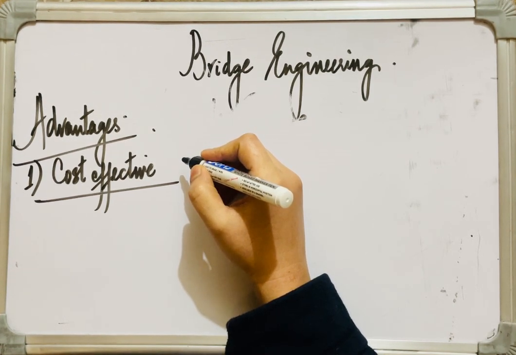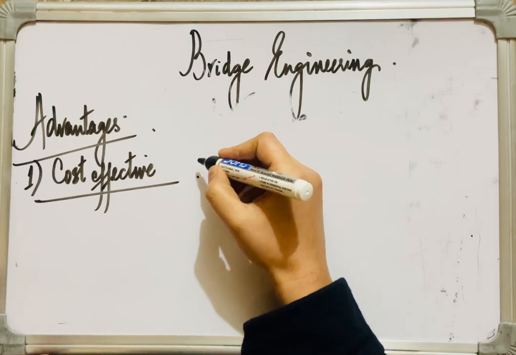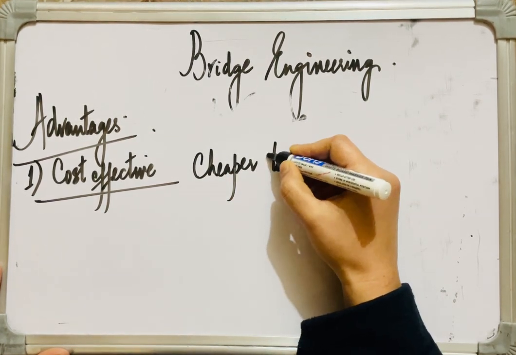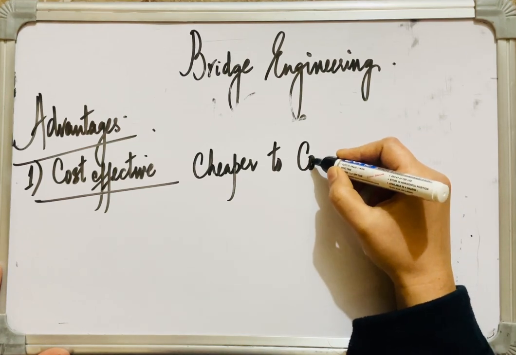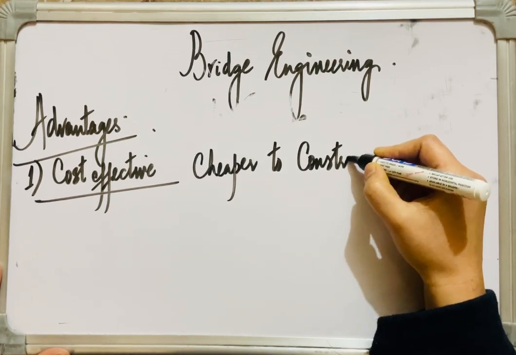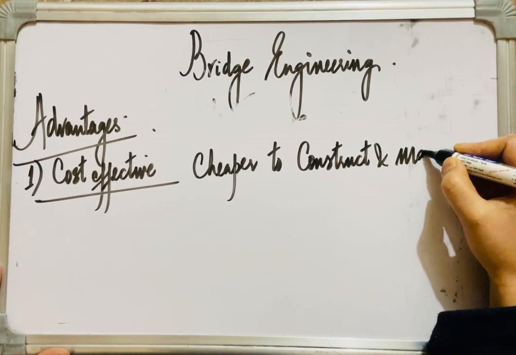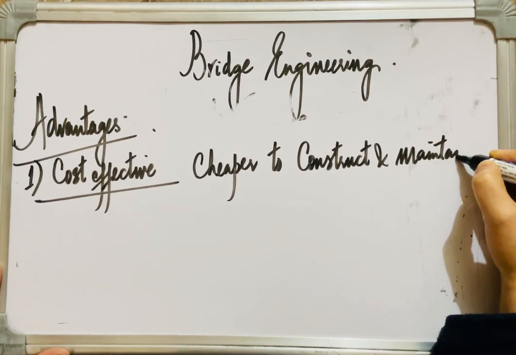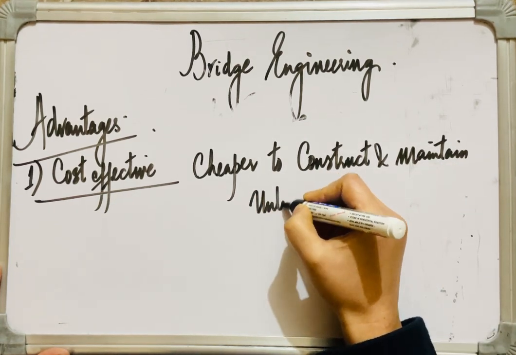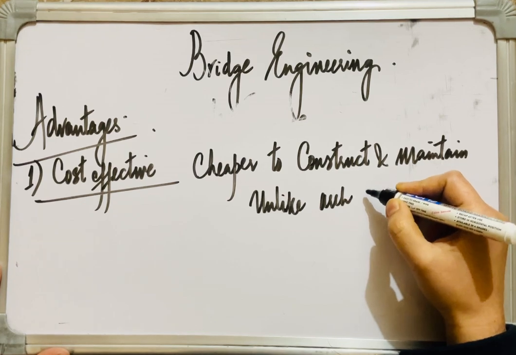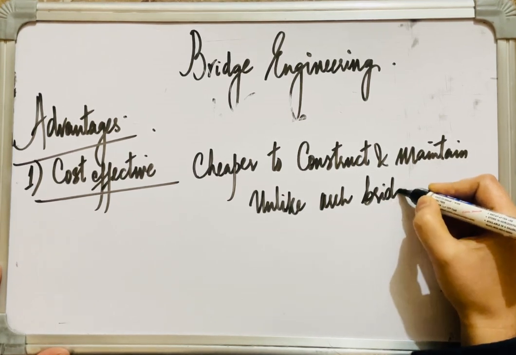That is their first and foremost advantage, and they are generally cheaper to construct and maintain, unlike arch bridges or suspension bridges, which we are going to study later.